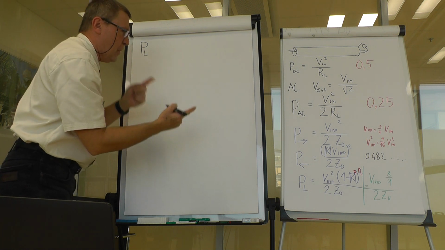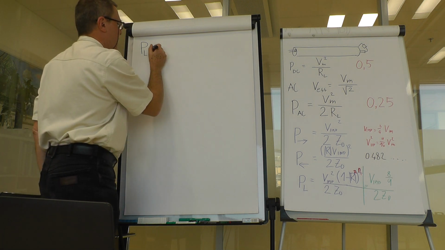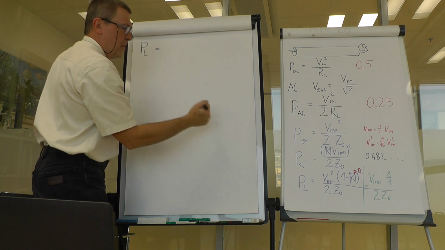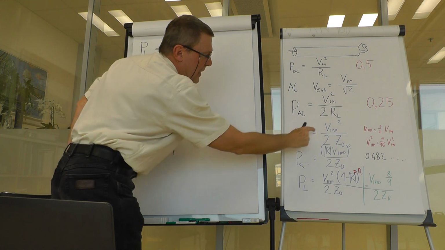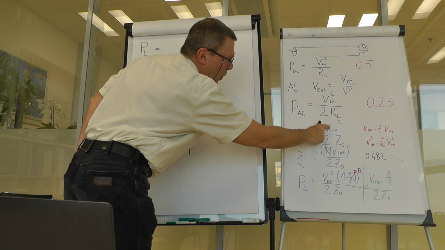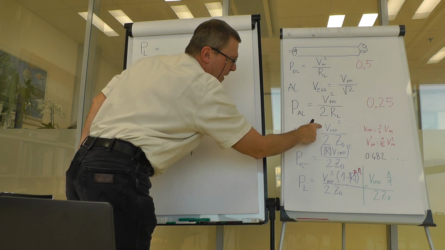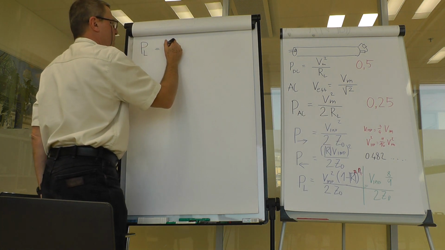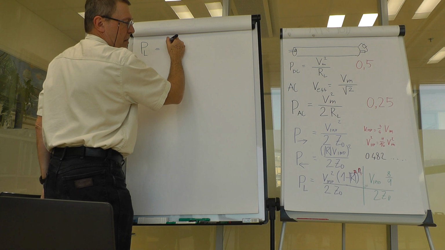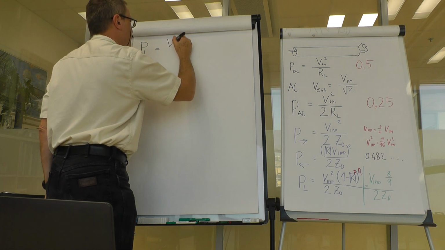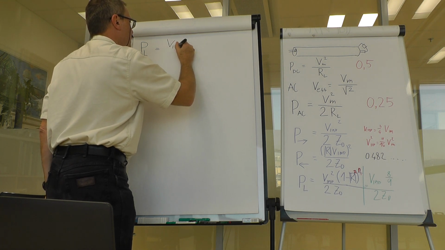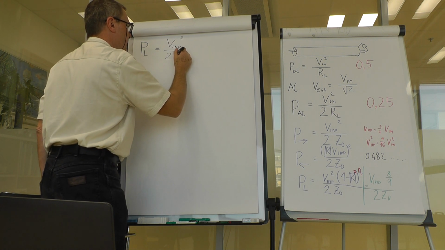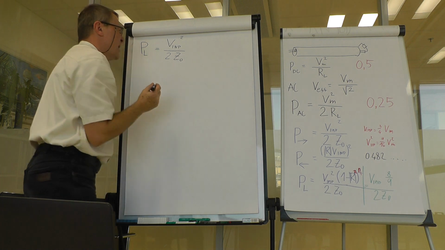So the power traveling from the generator would be this power. That's the input power, input voltage delivered from the generator divided by two impedances of the line. So that's the input voltage squared divided by two line impedances.